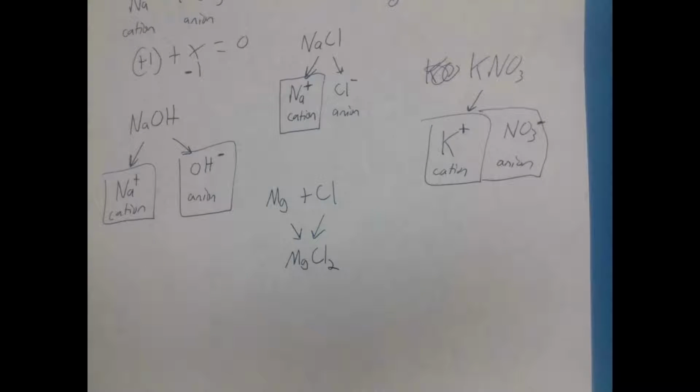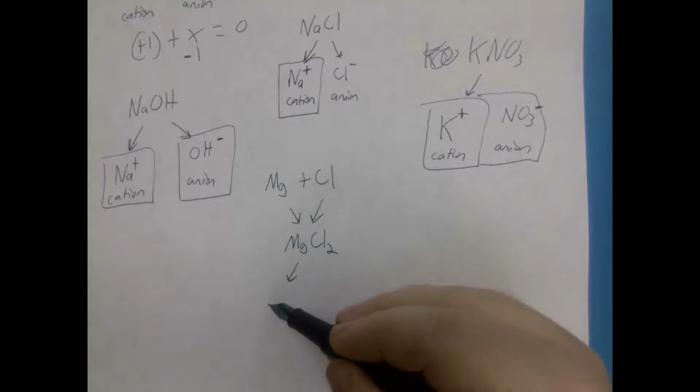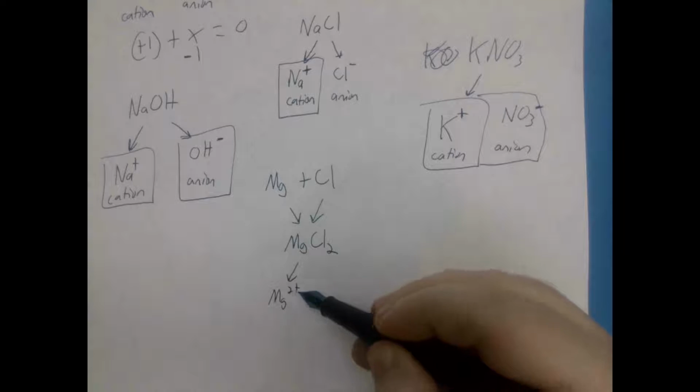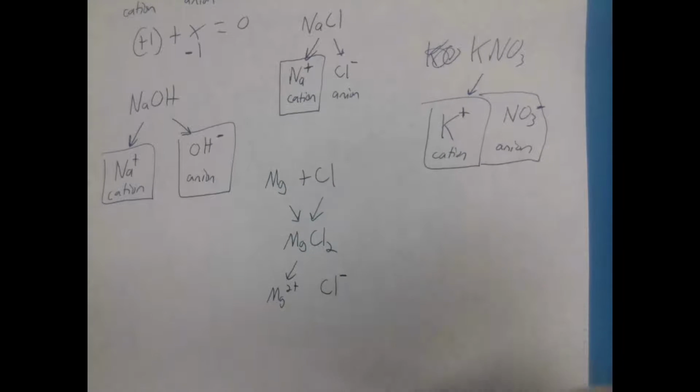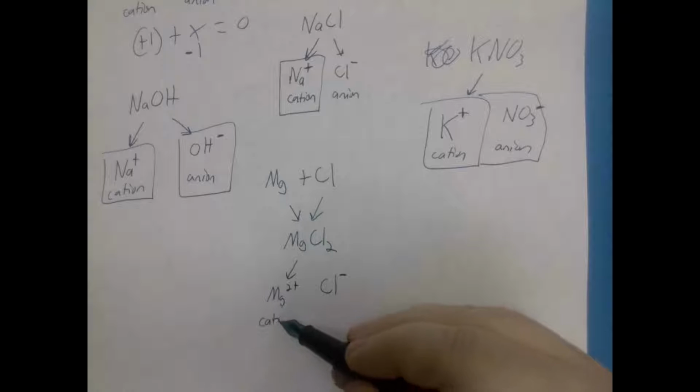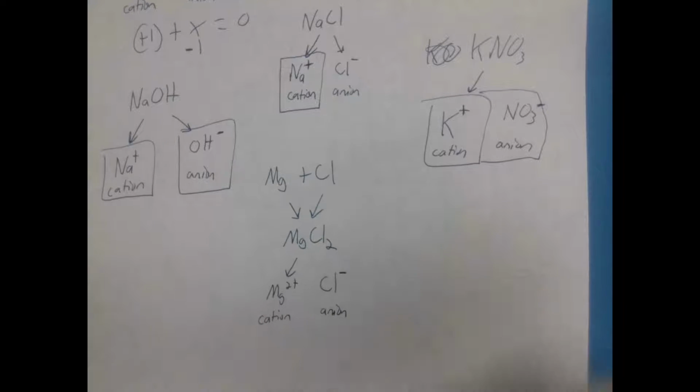MgCl2. So what are the ions? The ions are Mg2+ and chlorine minus. So our cation is magnesium, our anion is chlorine.